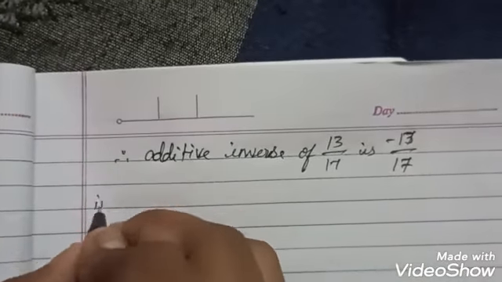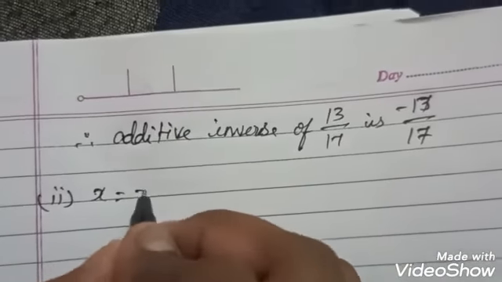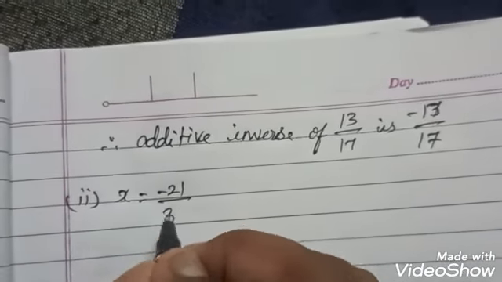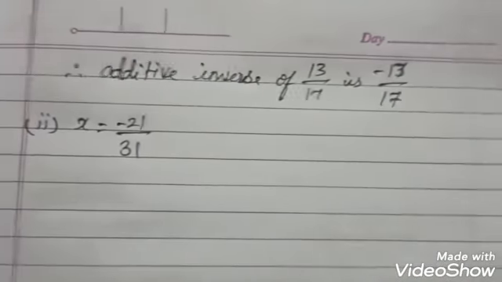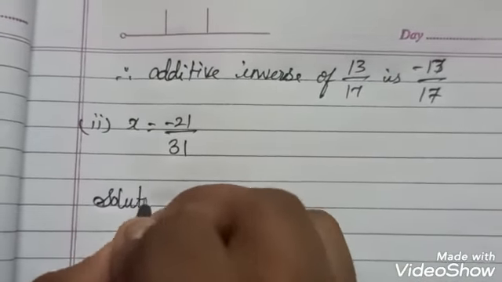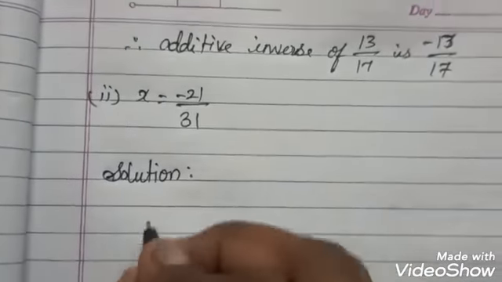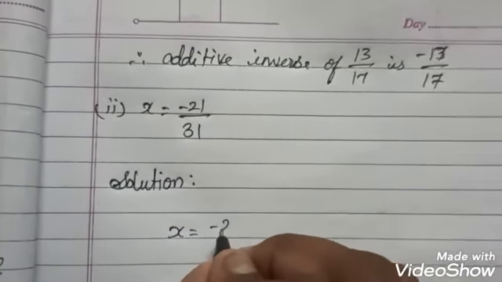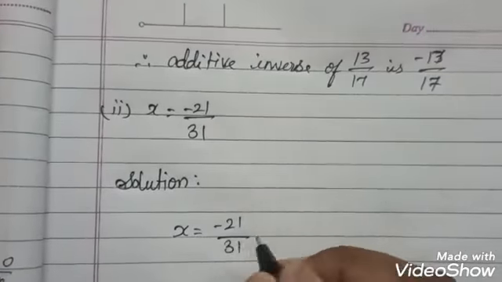Next we move on to the second question. x equal to minus 21 divided by 31. Here we have to find the solution. So here they have already given x equal to minus 21 divided by 31.